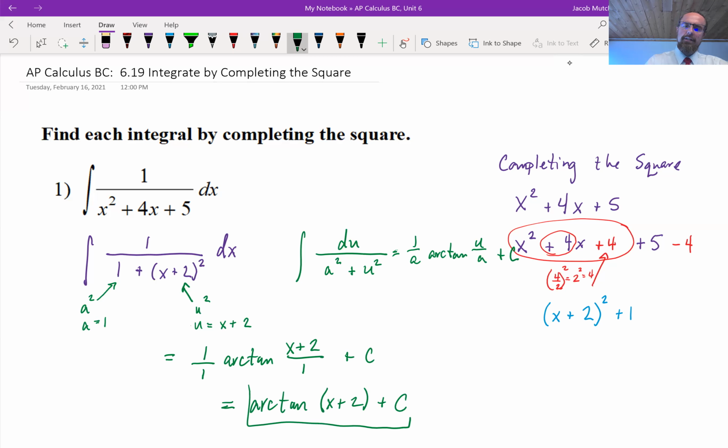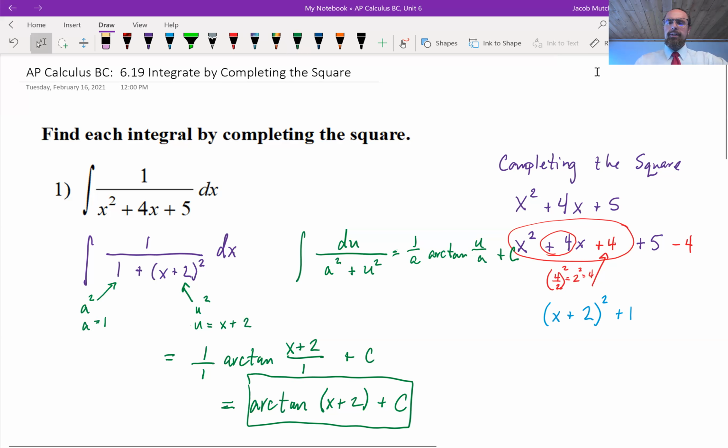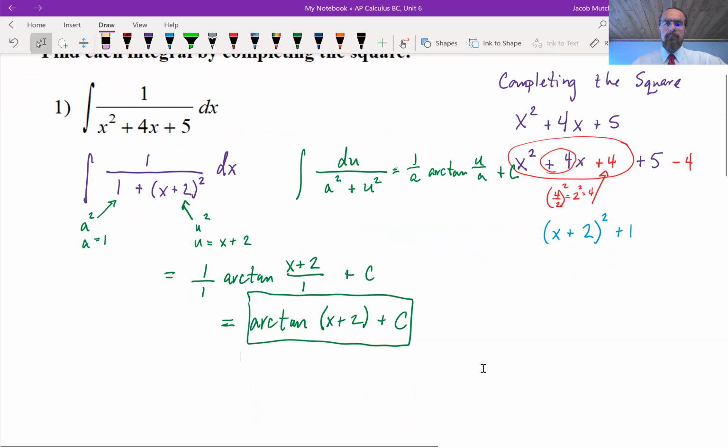And that finalizes the integration for this first example. So again, just to recap, we use completing the square so that we can recognize a form in our given integration so that we can match it with an established basic integration rule. And this one happened to match up with the arctangent.